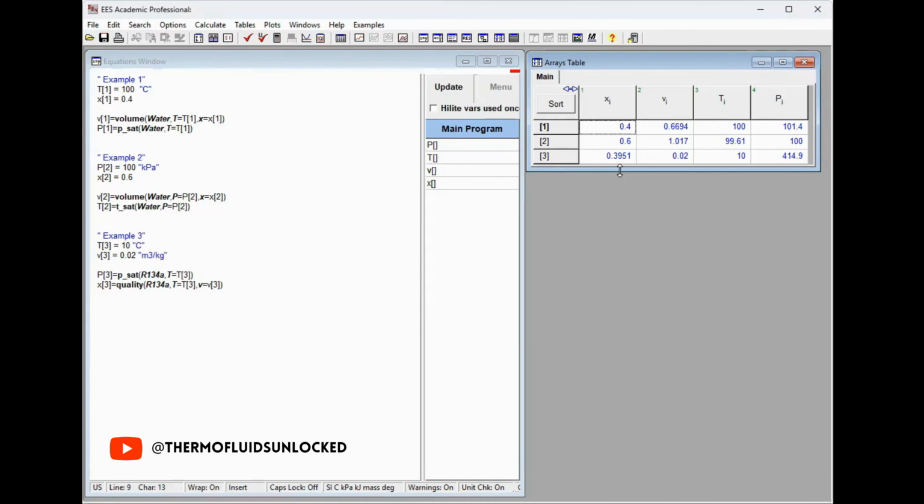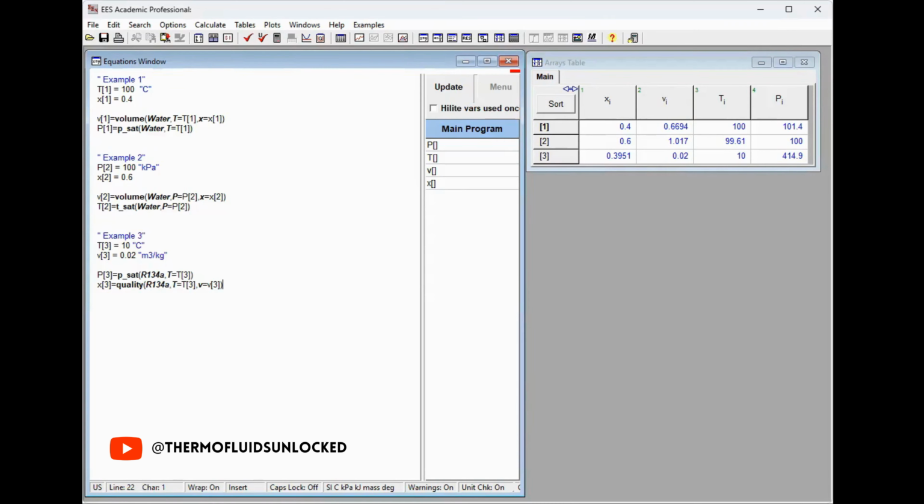So it's really faster, and if we provide the inputs carefully and the equations carefully, it can help us handle complex problems in an easier way.